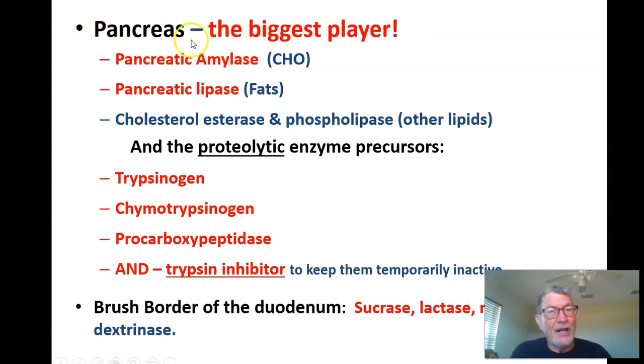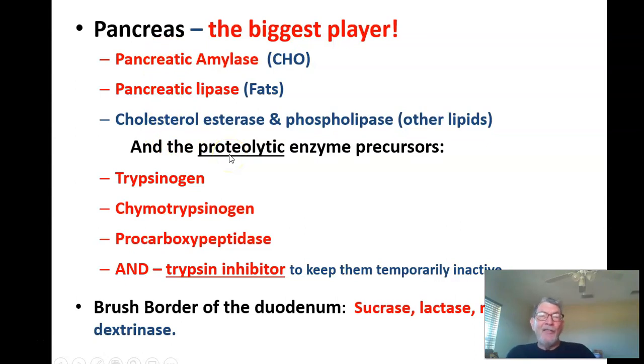Your fat digestion really begins in the duodenum when the pancreatic juice gets dumped in through the sphincter of Oddi. You have some other lipases for breaking down cholesterol and phospholipids, which are cell membrane lipids. Remember that these are there. There are always some other things that are there, but these are the guys I want you to know.